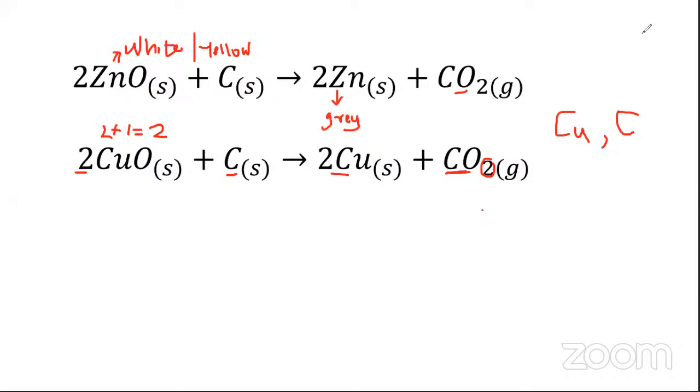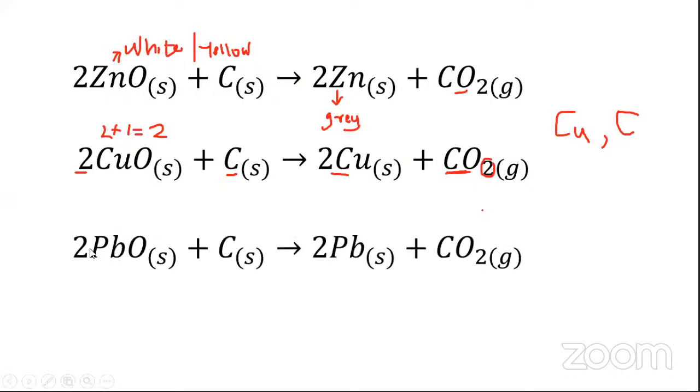So we can have another equation, also for copper, for lead 2 oxide. So this is lead 2 oxide with carbon, then we form lead metal and carbon dioxide. Once again, the color for copper 2 oxide is a black solid.